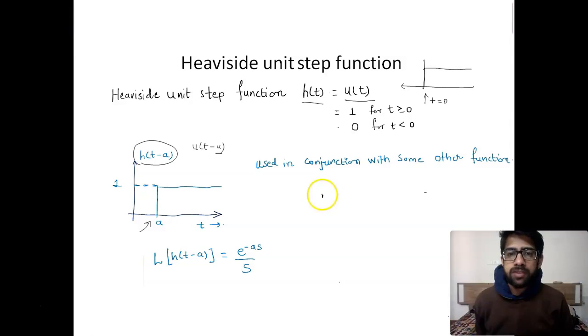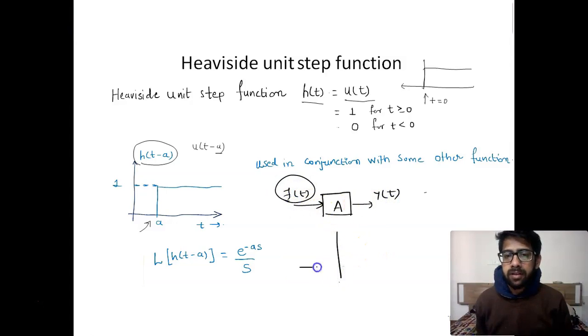Now when you have some system, say system A, and you want to give the input f of t to this particular system to get an output y of t, this function f of t may be assumed to be something like this. The function will not always be ideal and it will not always be what you want to give. Let us say I want the input from this particular point and afterwards.